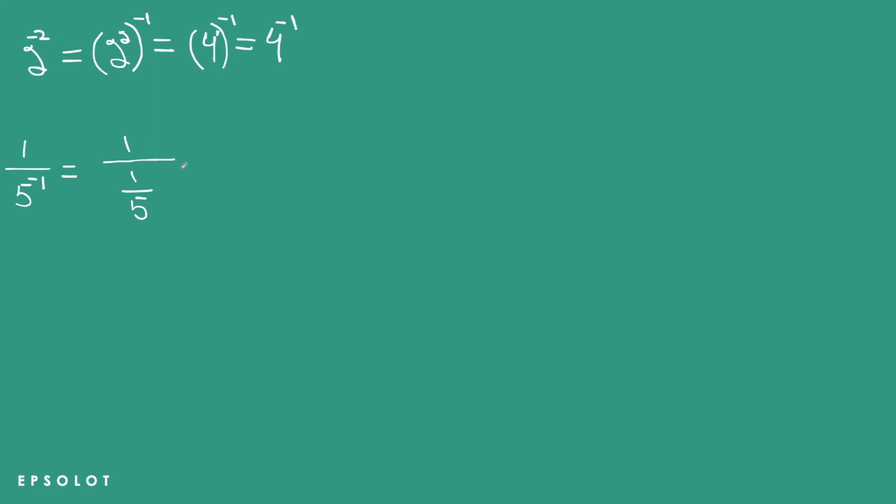Now, if you're not aware, when you have fractions within a fraction, there is a rule that states that you can multiply the numerator with the reciprocal of the denominator. So what is the reciprocal of the denominator?